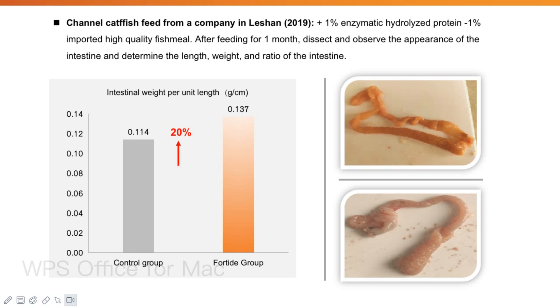So after adding Fortide in catfish feed, the weight of intestine per unit length has increased by about 20%, and there are few bleeding points in the intestine, and the intestines are rich in folds. This helps digestion and absorption of the nutrients.